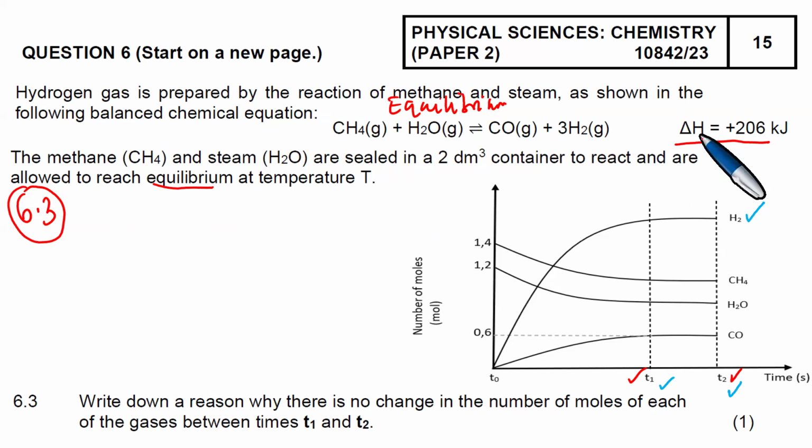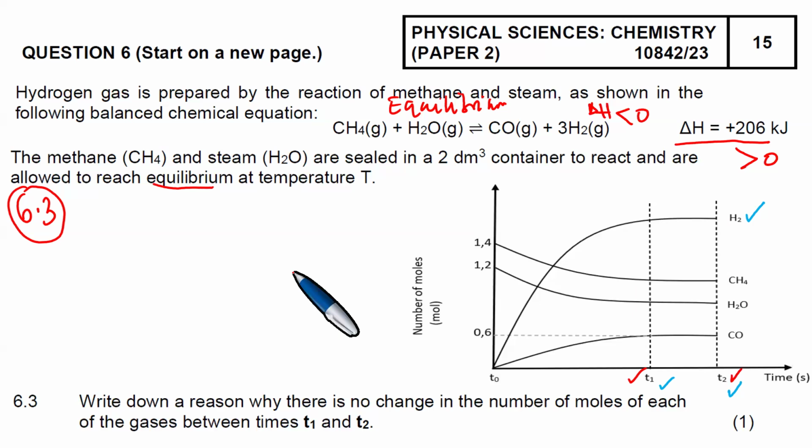These are either endothermic or exothermic reactions. If they're exothermic reactions, it means the heat of reaction is negative. If the heat of reaction is positive, it means we are dealing with endothermic chemical reactions.